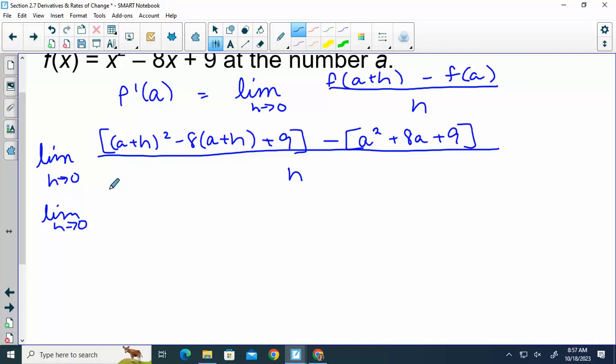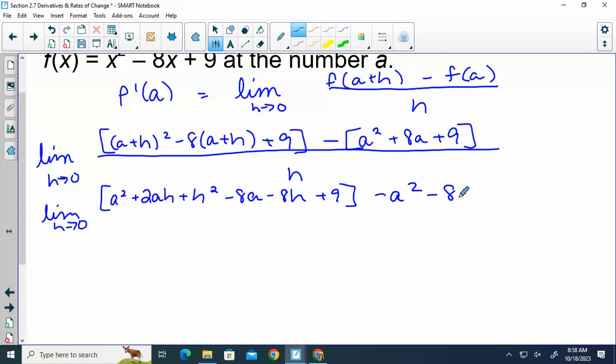Start multiplying everything out. So this would give me a squared plus 2ah plus h squared minus 8a minus 8h plus 9. Second parenthesis, I could distribute my negative.